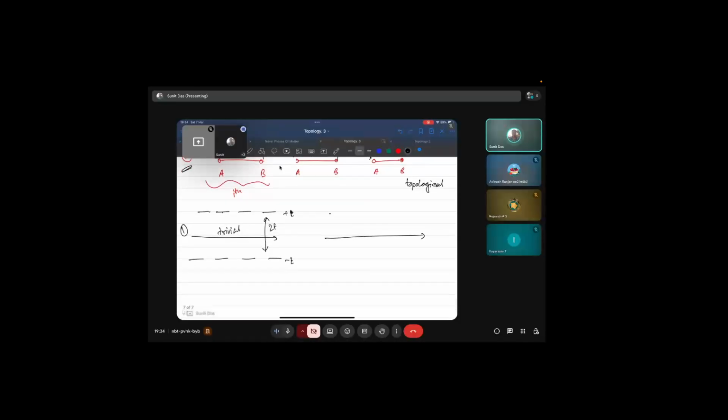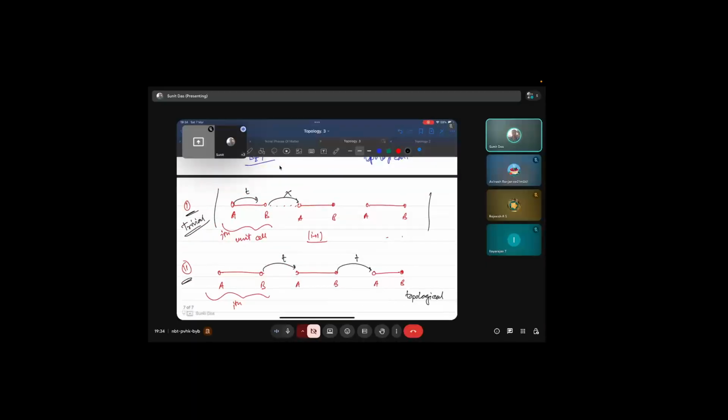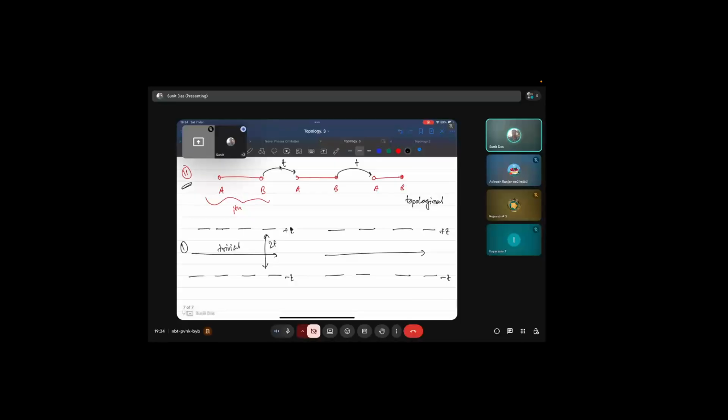This was for case one. For case two, again we will have discrete energy levels, the same story, plus T and minus T. I have drawn three unit cells, so let me draw three here, but in general it can be extended.